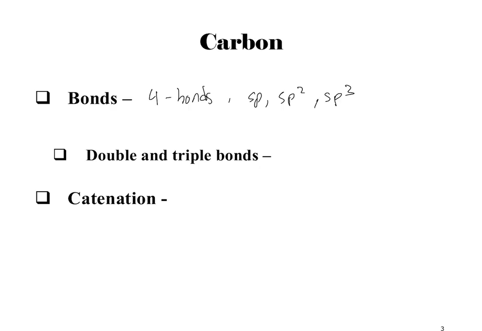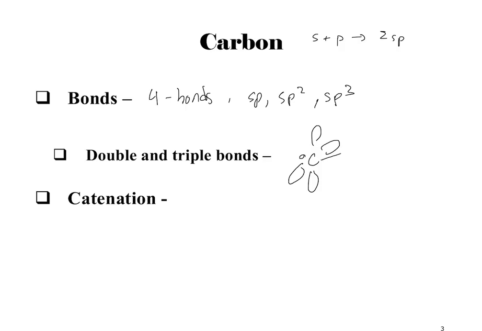Right? So double and triple bonds can form between carbon atoms because if you don't hybridize all of the p orbitals, right? So when we talked about hybridization before, we said an s plus a p gives us 2 sp orbitals, right? But what's left over with the other 2 p orbitals that you have? And so the leftover p orbitals that don't get hybridized, those become unhybridized p orbitals.